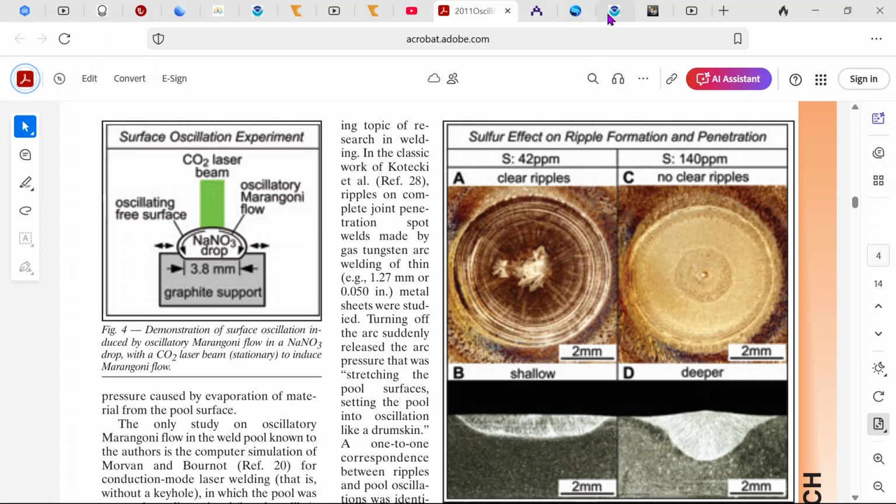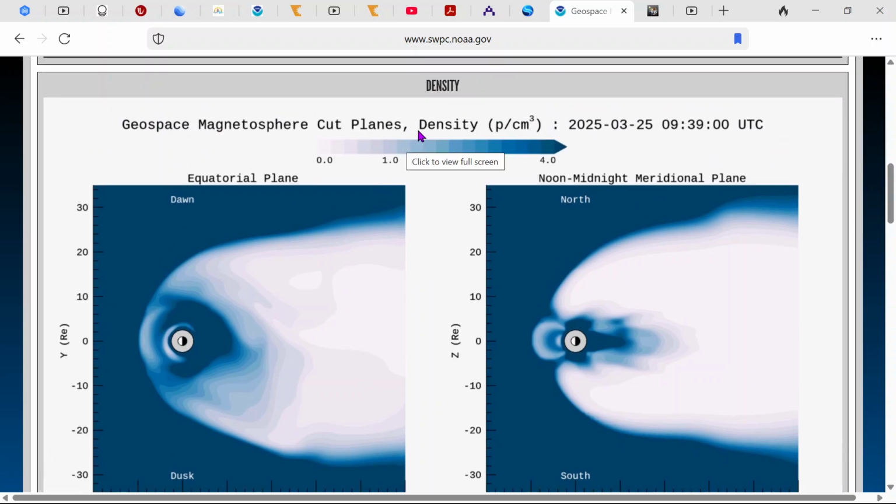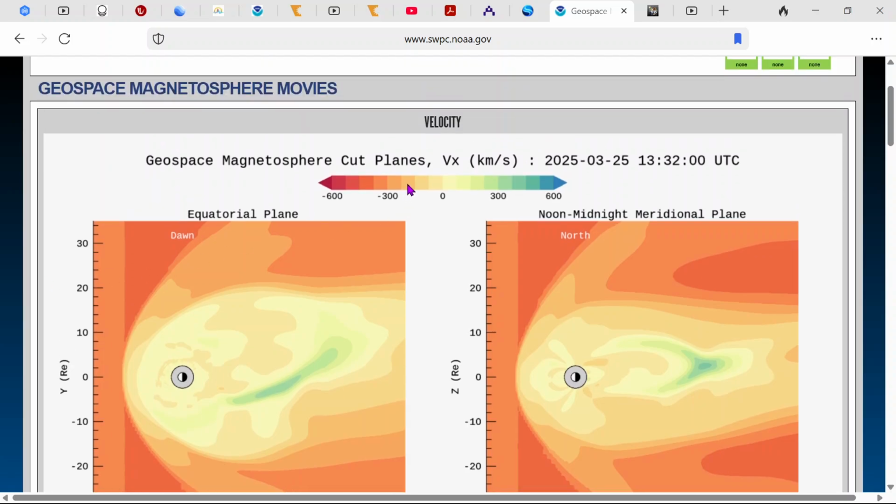Because if we go back here, for example, geospace magnetosphere cut planes density, parts per cubic centimeter. All right? Now let me show you the other two as well.